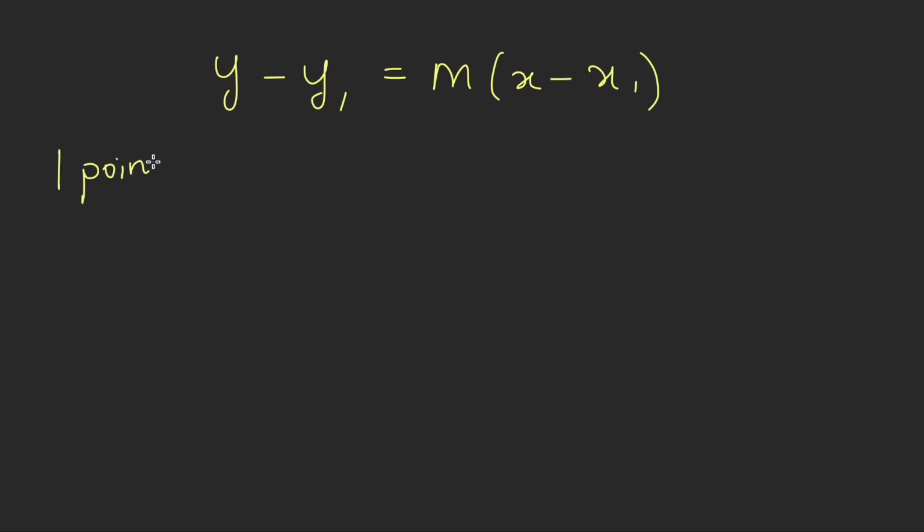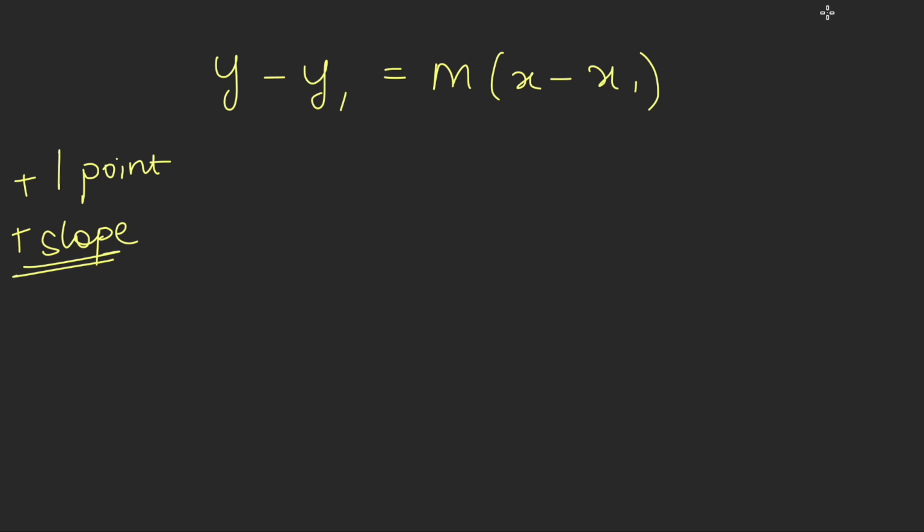And the equation of a line can also be written as y minus y1 is equal to m into x minus x1. This can be done where you only have one point and the slope of the equation.